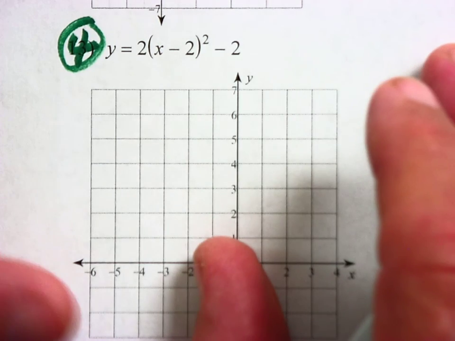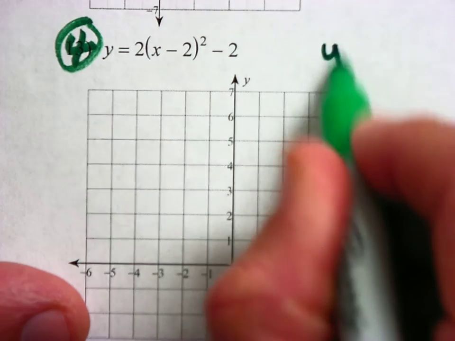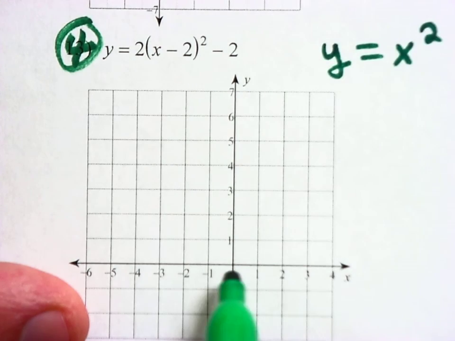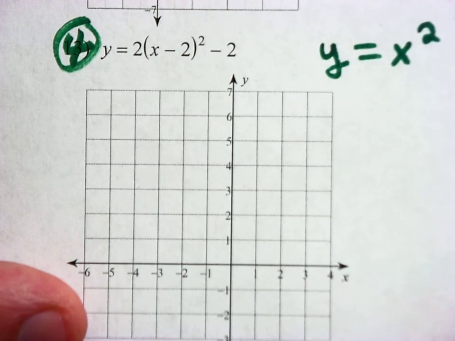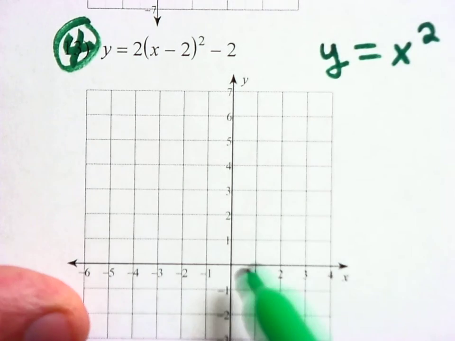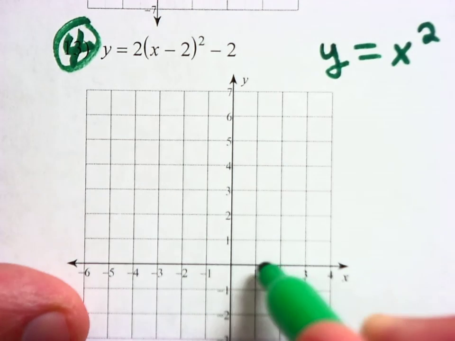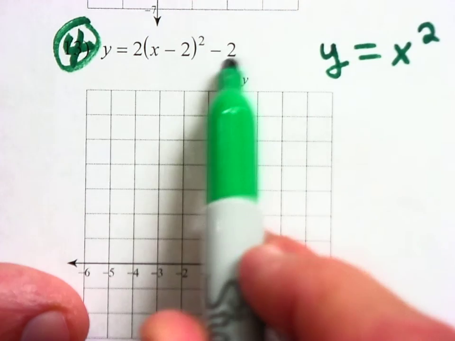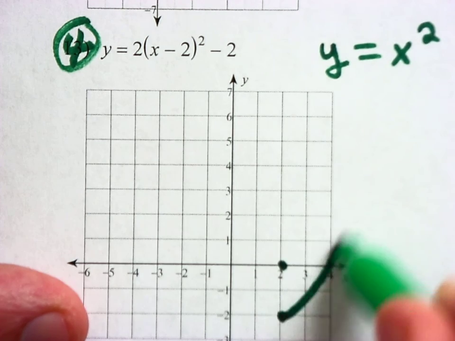Remember, if this was a parent function, if this was just y equals x squared, it would hit right at 0, 0, and you just draw the parabola going up. But from 0, 0, if you have a -2 in the operation, you're going to go 2 to the right, and then see the -2 on the outside, you're going to go 2 down, and then here's your parabola.